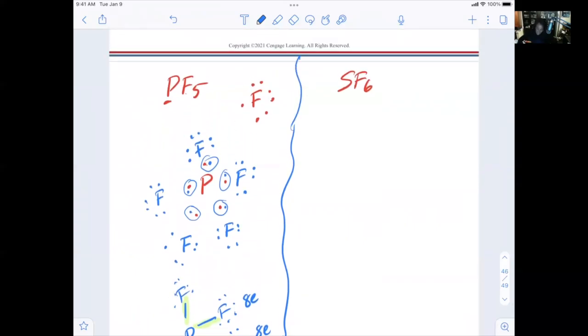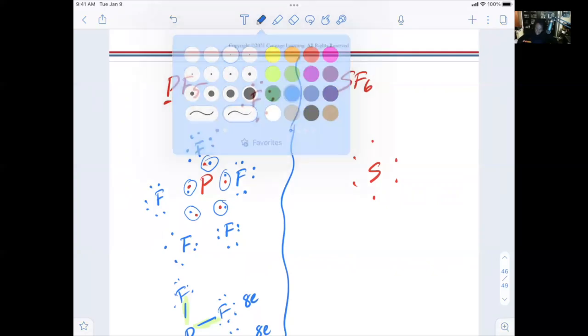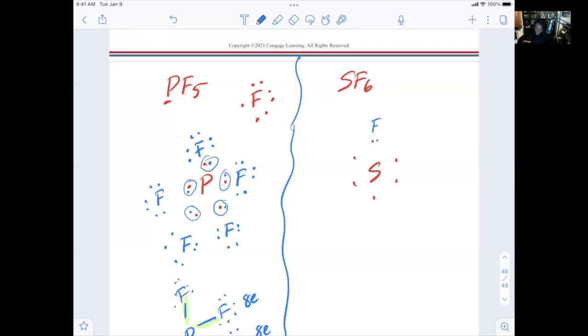Okay, what's happening over here? Back to the red. Sulfur, like before, 1, 2, 3, 4, 5, 6. I'm gonna shortcut this process now and put the fluorine here, 1, 2, 3, 4, 5, 6, 7.